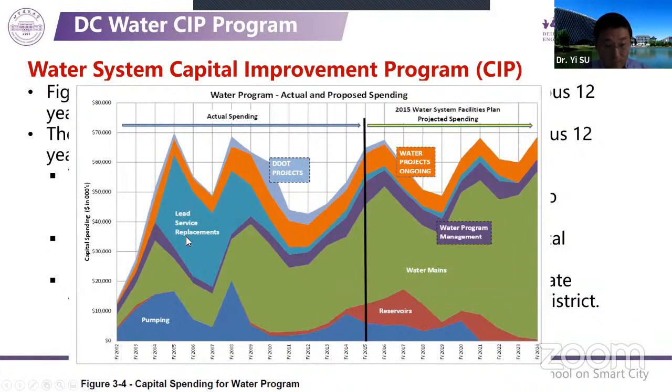Lead service replacement is a major capital program in this period. Pumping and ongoing water projects related to work on infrastructure relocation projects are expected to remain constant through the foreseeable future.